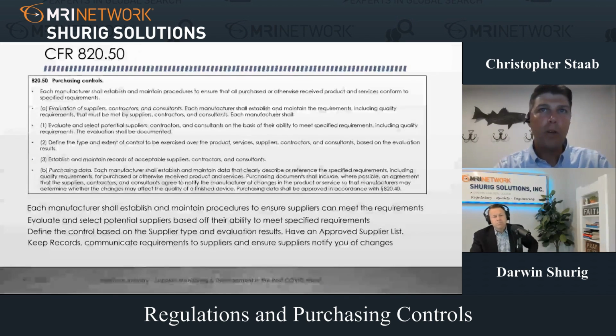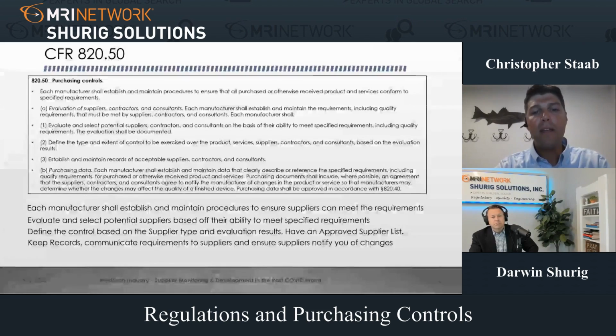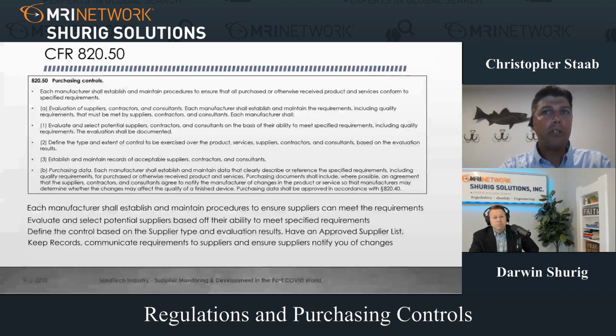The regulations are written the way they are to allow that, and you need to work with that supplier, to understand whether the way they've set up their quality management system is going to be able to meet your needs. So it really just goes back to this statement up in CFR 820 about their ability to meet your needs. If they're set up to meet your needs, you're in good shape.